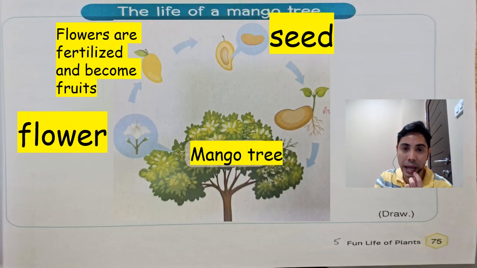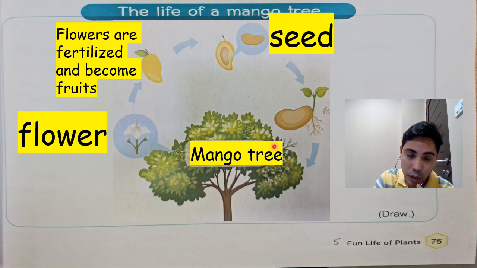This is an example of a life cycle of a mango tree. First, we eat the mango, the fruit, and then the seed we plant, and after we plant, the seed will become a leaf, and then a sapling, and then it will turn into a mango tree that will make flowers, and after the flowers it will produce a fruit, and then we eat it again and we start all over again.